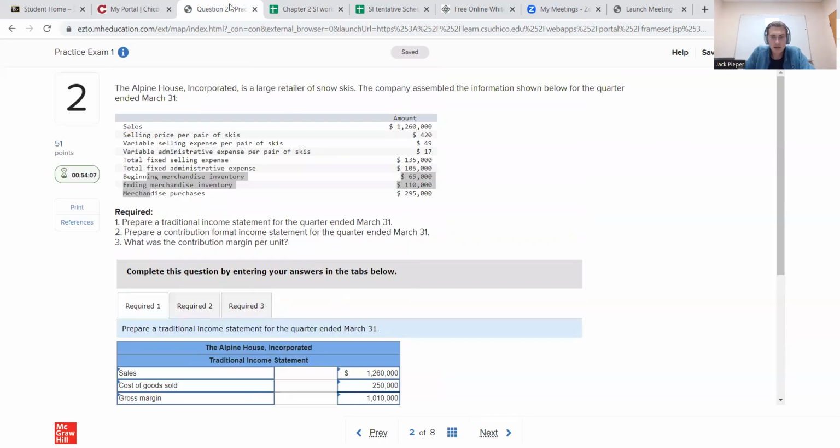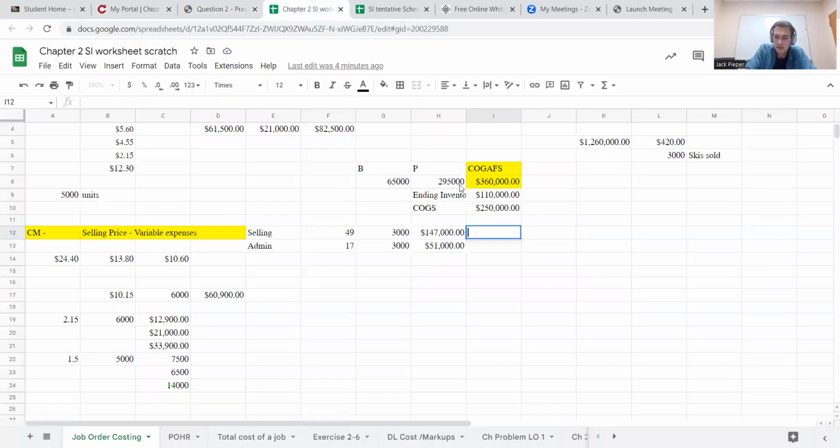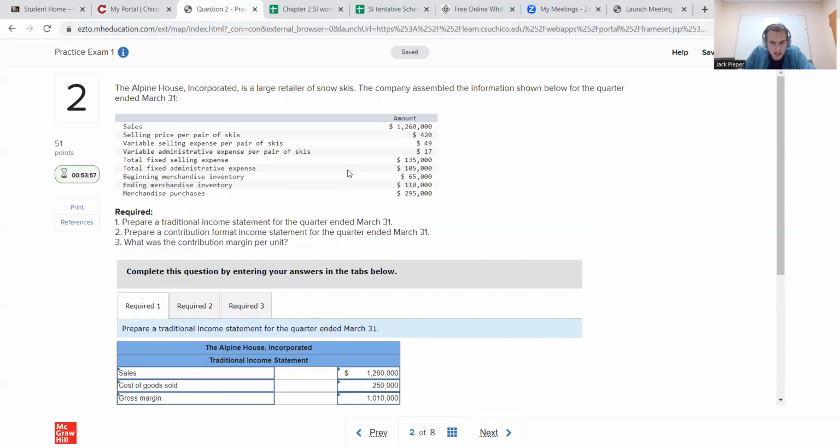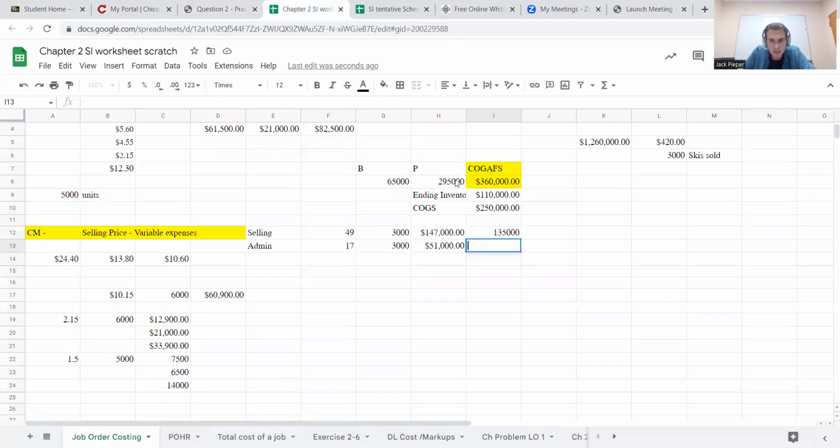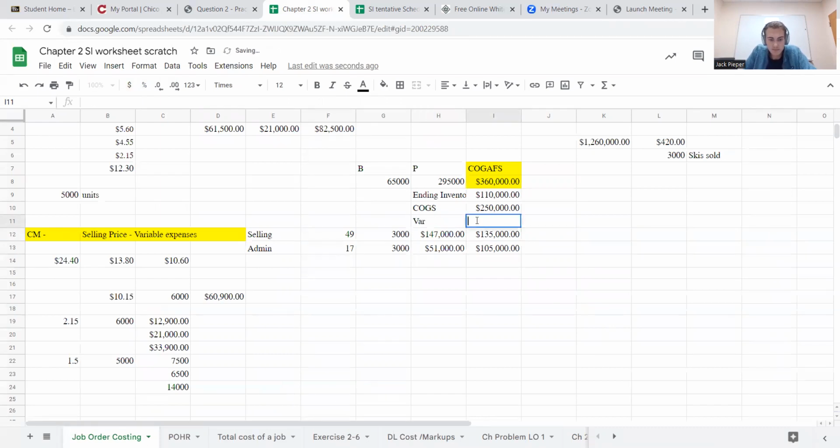So for selling, we had a fixed expense of $135,000. And for administrative expenses, we had $105,000. Okay, we'll make those dollars. Now we can just add the two together.